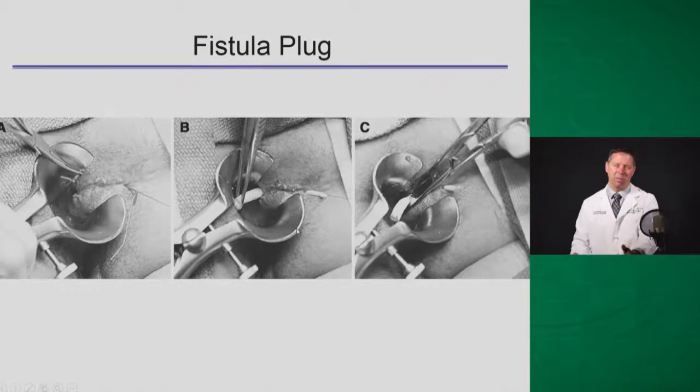These heal sporadically, I'd say. The early results were very successful. Today, I think we're less confident that they're going to heal with a fistula plug, but it's certainly still a vital part of our treatment algorithm to try to get this fistula to heal with this plug without cutting sphincter muscle.